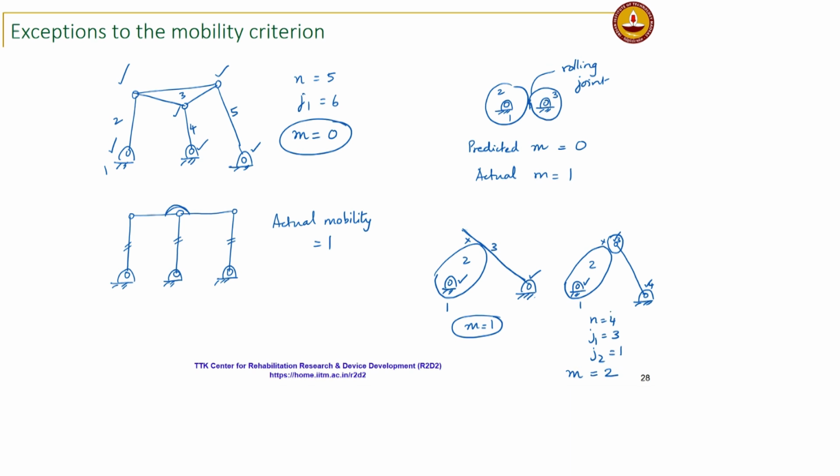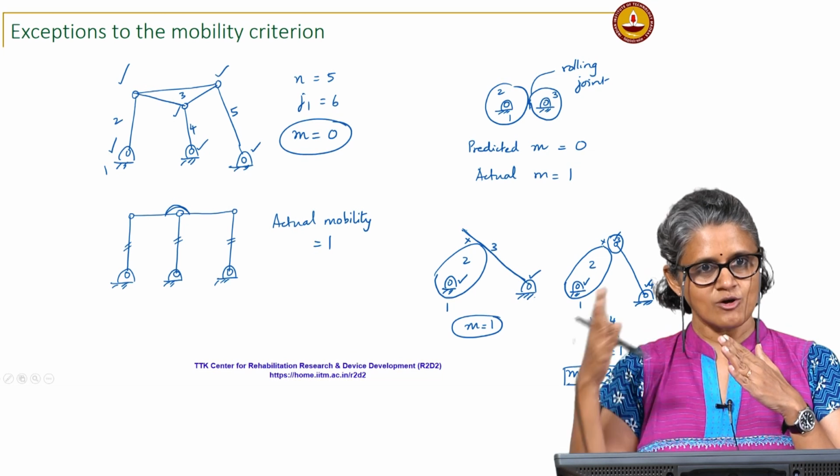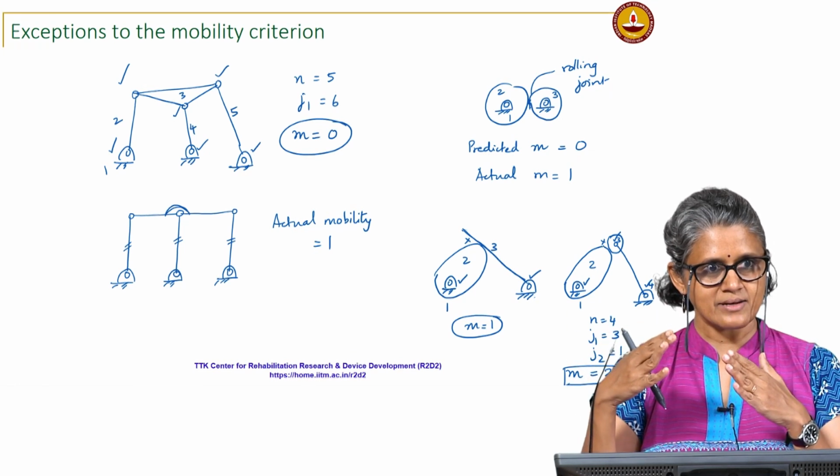Just plug it in, 9 minus 6 minus 1, I get a mobility of 2. It is pretty much the same. If you look at the input and output, you will get the same result in the output. So, if I move this cam, this gives a predictable motion of the output link here.